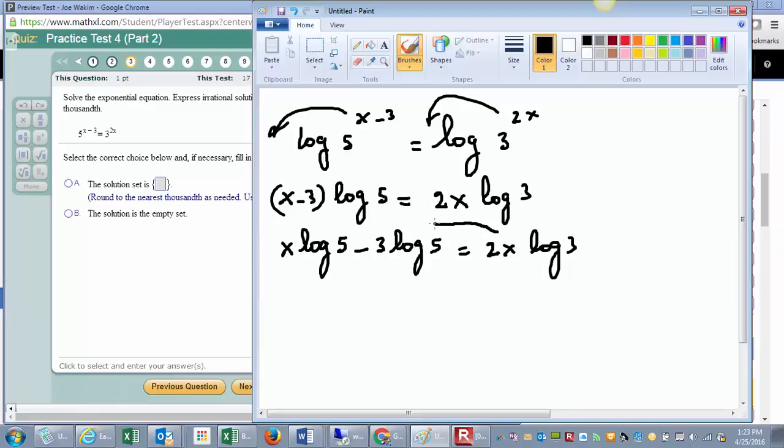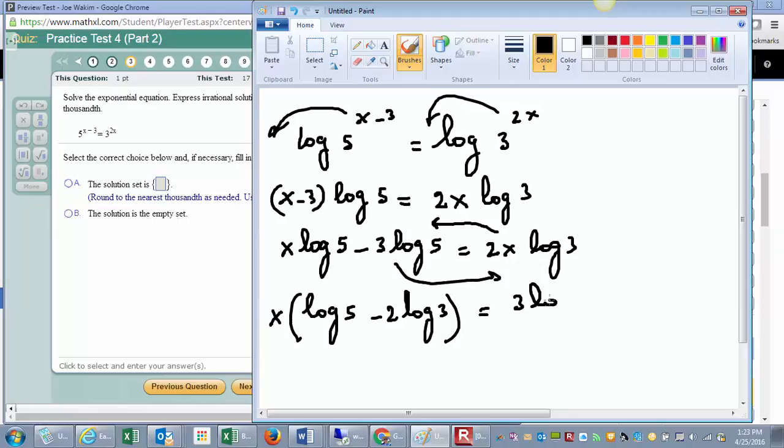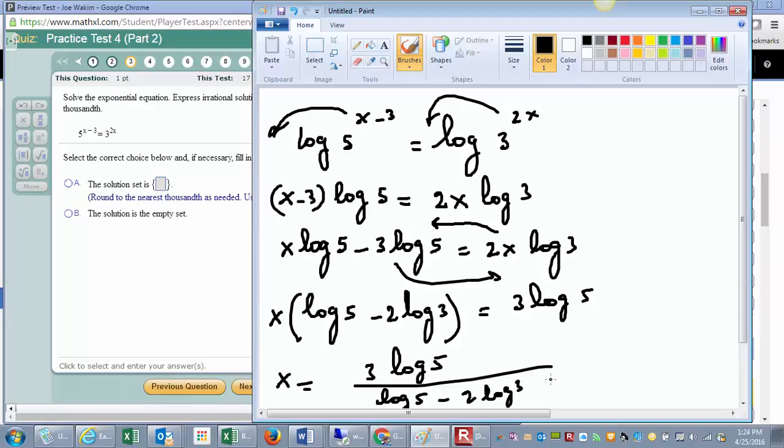I want to move this 2x log 3 to the left and then take x as a common factor. So that would be x into log 5 minus 2 log 3. And then I move this to the right, 3 log 5, and then divide both sides. So x would be 3 log 5 divided by log 5 minus 2 log 3.